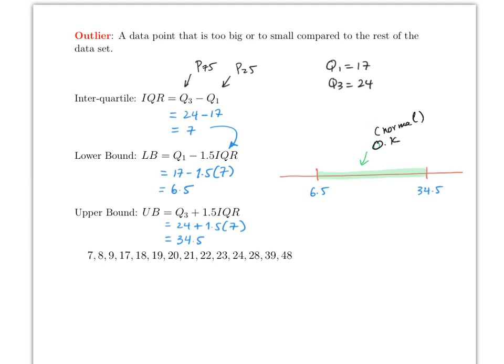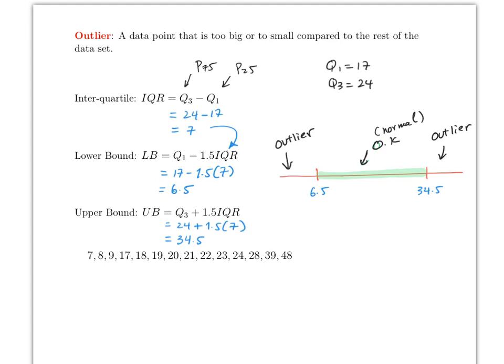This is related to the fish problem we did earlier too. If it is between 6.5 and 34.5, it is okay. If it is here, it is an outlier because it will be too small, and if it is here, it will also be an outlier because it will be too big.